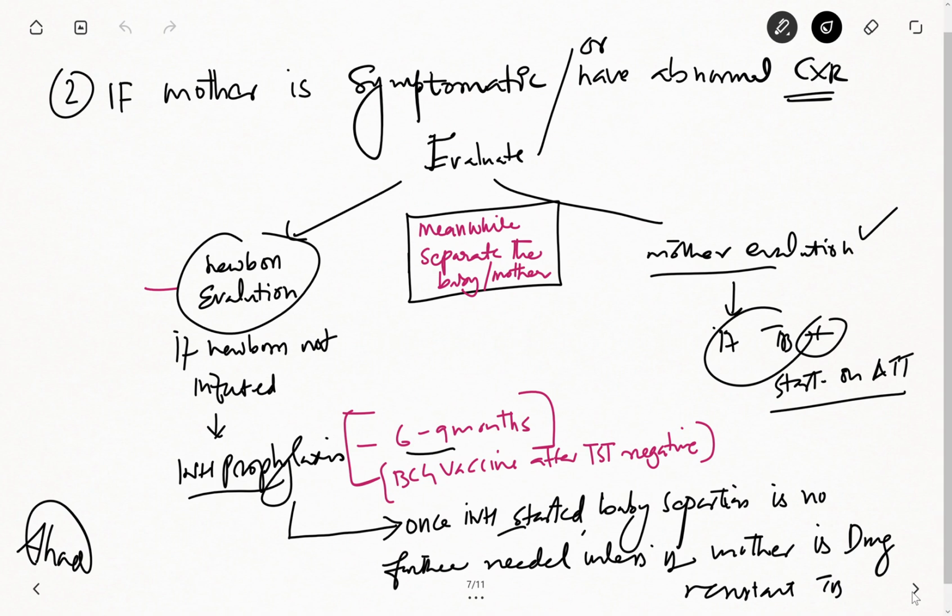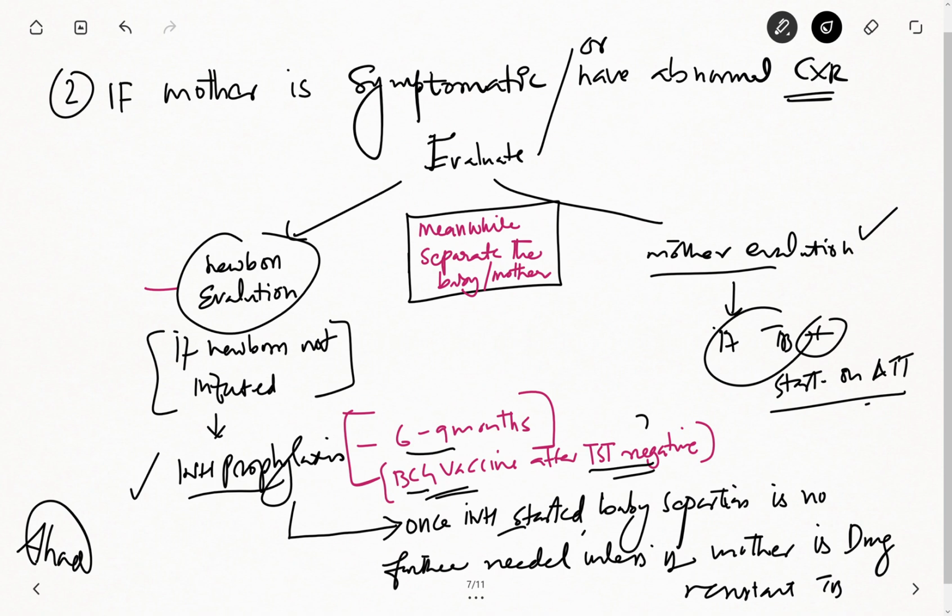Newborn evaluation will include all the testing, and if the newborn is not infected or does not fulfill the clinical criteria, we will put him or her on INH prophylaxis for 6 to 9 months. On completion of chemoprophylaxis with INH, we will do a TST, and if it is negative, we can vaccinate the baby with the BCG vaccine. Similarly, at the same time, we evaluate the mother, and if she is TB positive, we start her on anti-tuberculosis therapy.